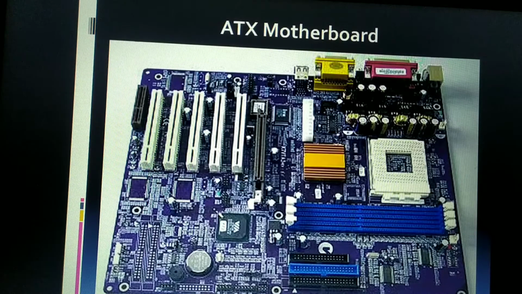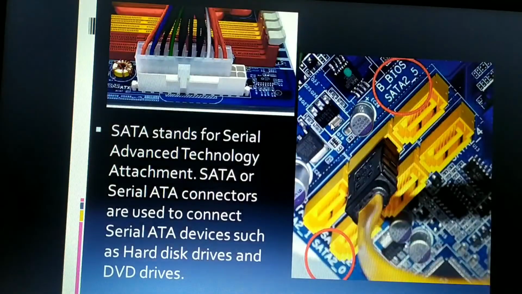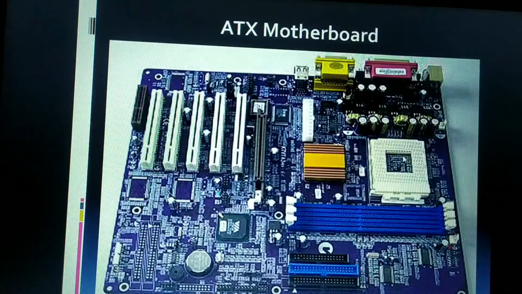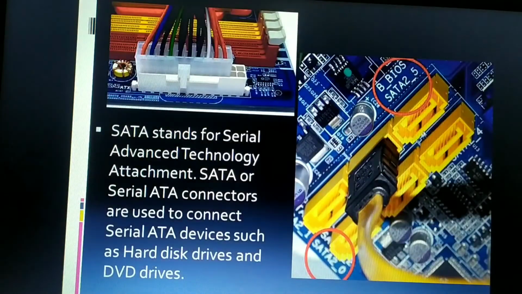And then it also provides one more connector known as SATA, which stands for Serial Advanced Technology Attachment. You can look here, these are the SATA connectors, it is written here already.